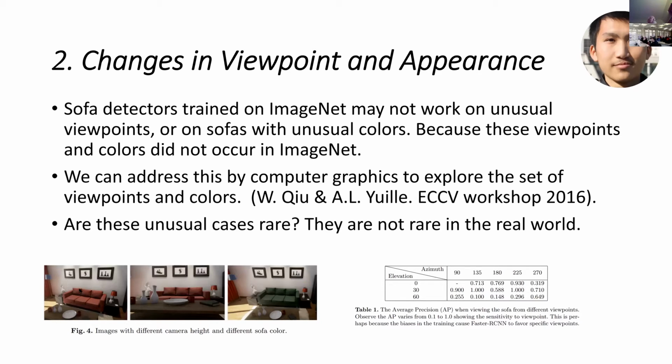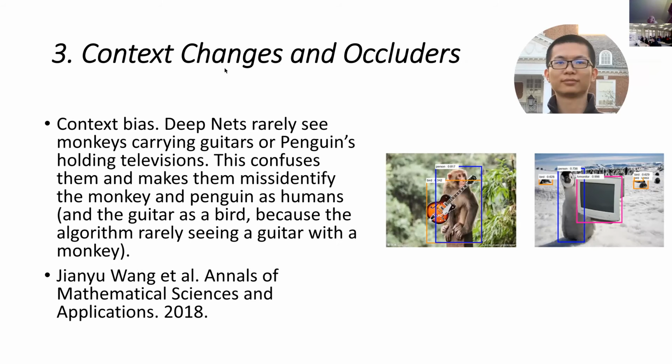To do this, you can take computer graphics, you can synthesize images of sofas, you can change the color, the material properties, you can change the viewpoint, and you can find certain viewpoints for which the algorithm that's very successful on ImageNet fails to work at all, or gives you results of about 0.1, which are really bad. So they're not robust to changes of viewpoint, and they may not be robust to context changes or occluders.